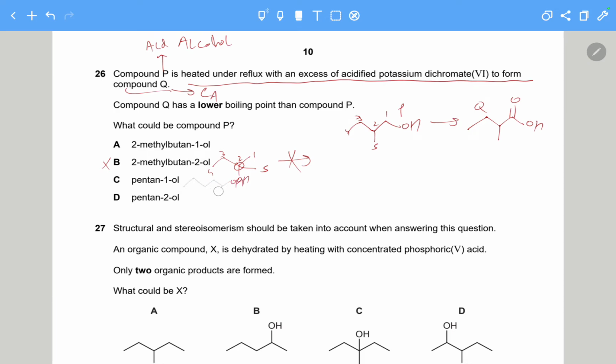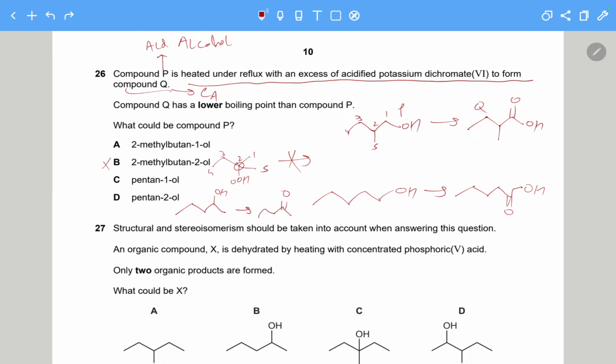Again, I'll draw this out neatly a little further out to avoid any confusion. This is pentanol. It can be oxidized to a carboxylic acid. So this is the carboxylic acid that it's being oxidized to. And the last one is pentanol, and this oxidizes to a ketone.